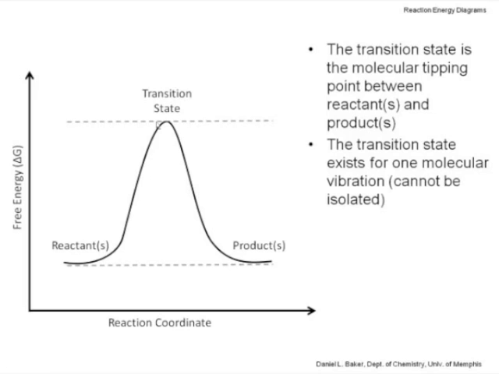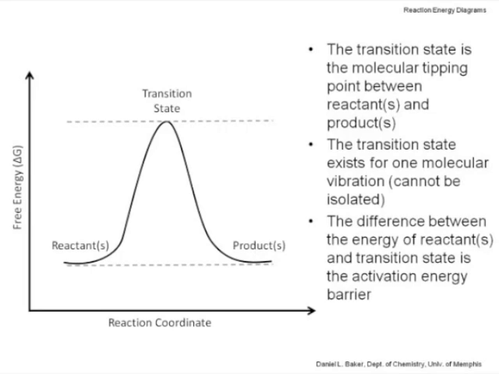So this is the transition state energy right here. And the difference between reactants and the transition state, or products and the transition state, is the activation energy barrier going from reactants to products, or from products to reactants. So the difference in these energies is the activation energy barrier.